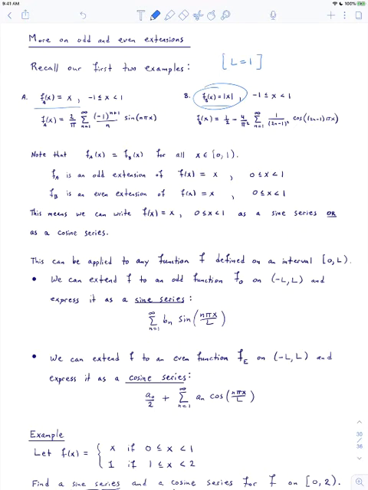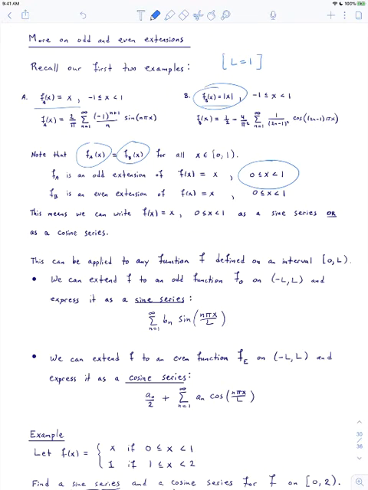So f_a(x) and f_b(x) are the same thing when x is positive. f_a is what we call an odd extension of f(x) = x, and f_b is an even extension of f(x) = x. The idea is that you start with a function just defined from 0 to 1, f(x) = x, and then you define a new function, which is an odd function, and we call that an odd extension.